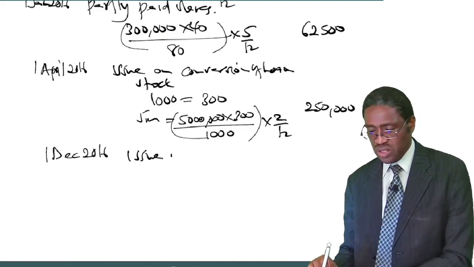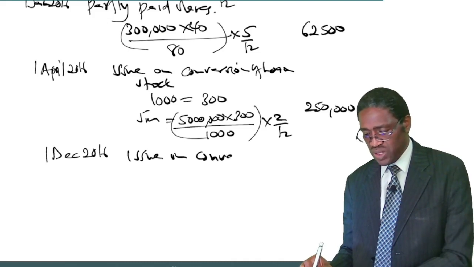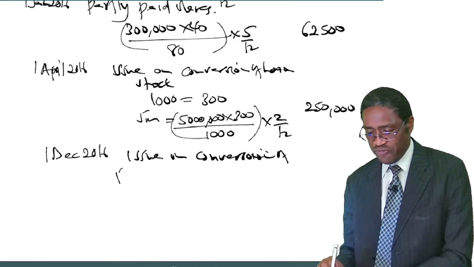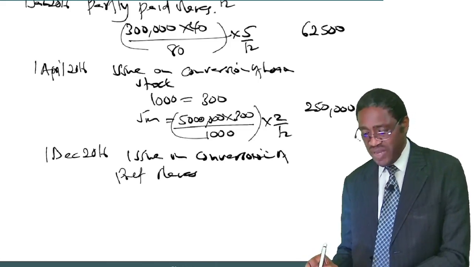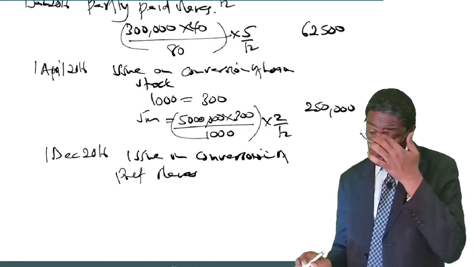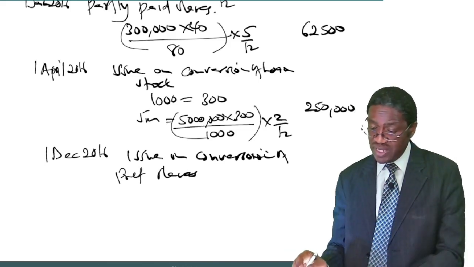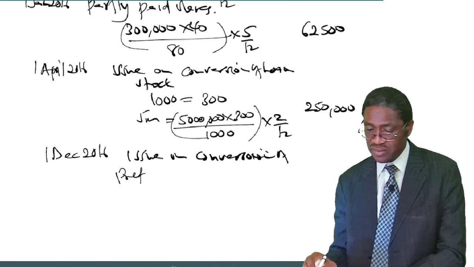Issue on conversion of preference shares. Go back, get the basis of conversion. What are they saying?